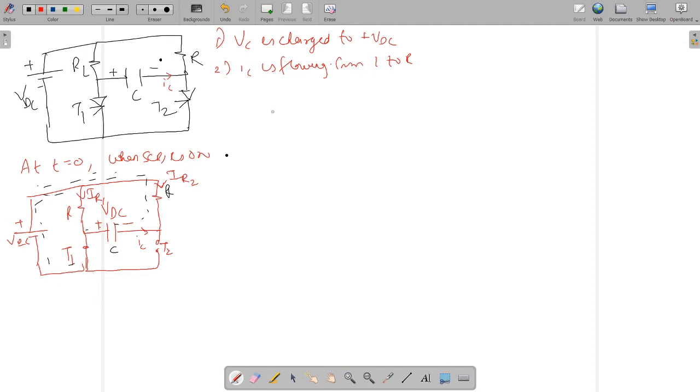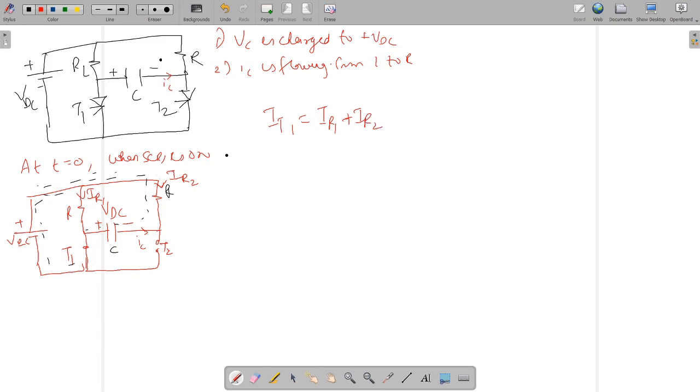So for that IT1 will be equal to, now here if you apply KCL, it means what? This current is entering the node, and again this current is entering this node. It means that the current entering the node is equal to the current leaving the node. So IT1 will be equal to IR1 plus IR2. Now this IR2, you can see it is flowing from right to left.